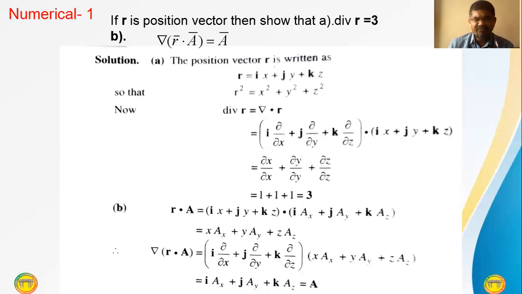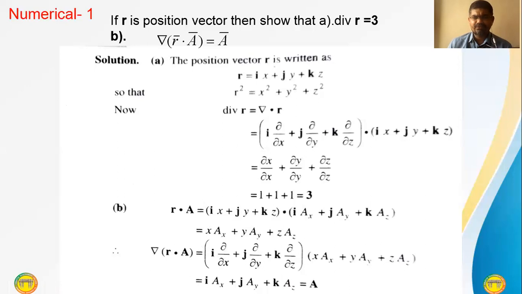So del of r bar dot a bar. Del means i ∂/∂x plus j ∂/∂y plus k ∂/∂z of x ax plus y ay plus z az. So here I got the value as i ∂x/∂x into ax plus j ∂y/∂y into ay plus k into ∂z/∂z into az.